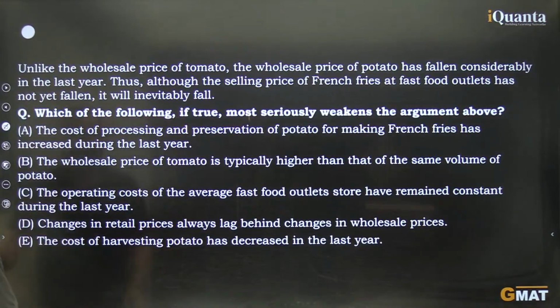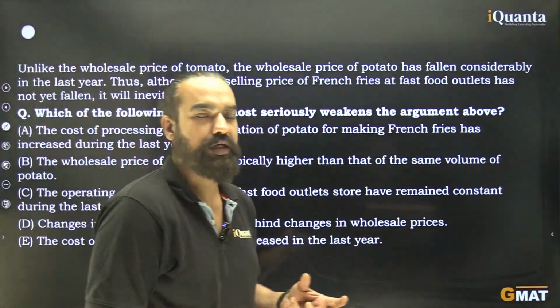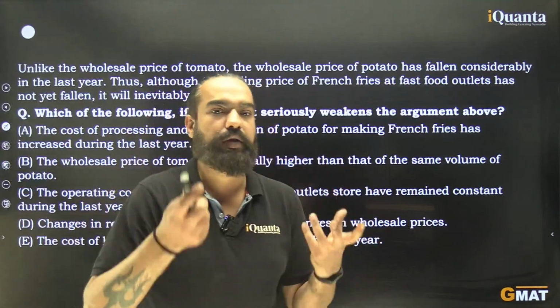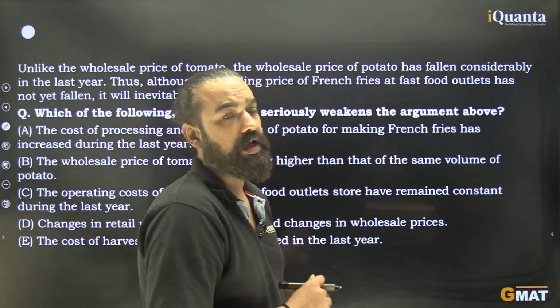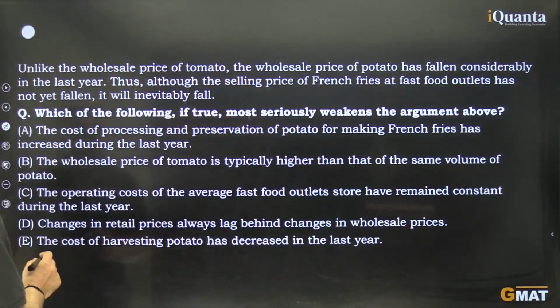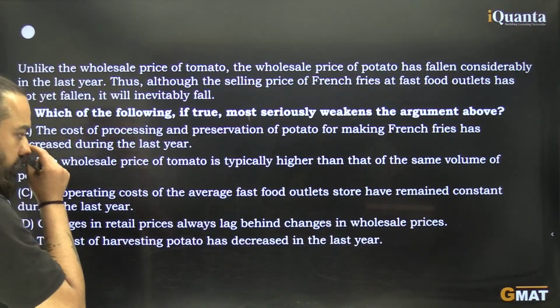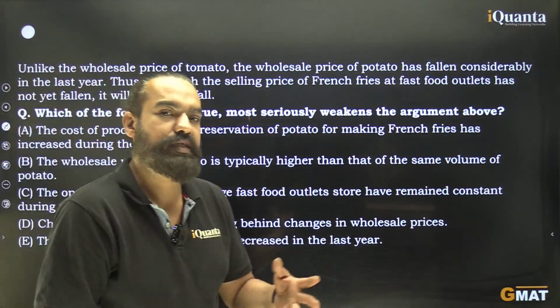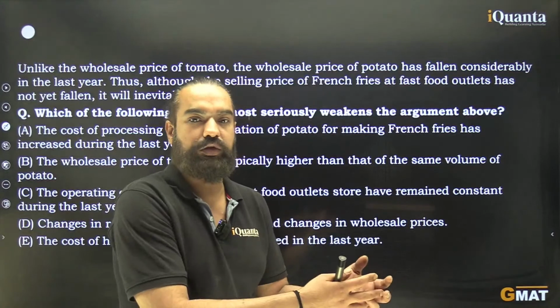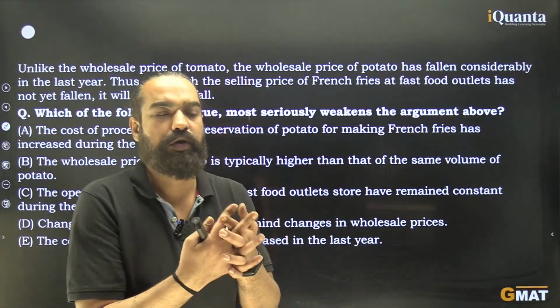Again, let's start with the bottom. The cost of harvesting potato has decreased in the last year. If the cost of harvesting potato has decreased, there will be a fall in the price of French fries as well. So this, if anything, is weakening the argument. Changes in retail prices always lag behind changes in wholesale prices. Okay, this is saying changes lag behind wholesale prices. We're just talking about retail and wholesale.